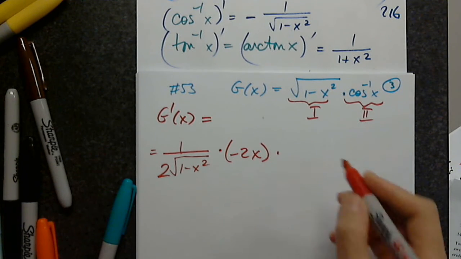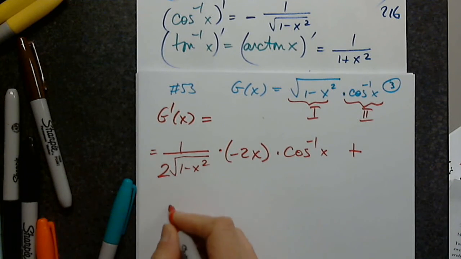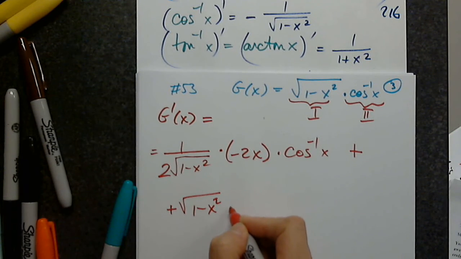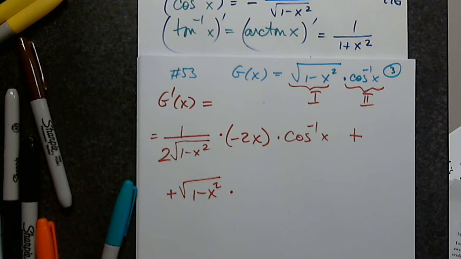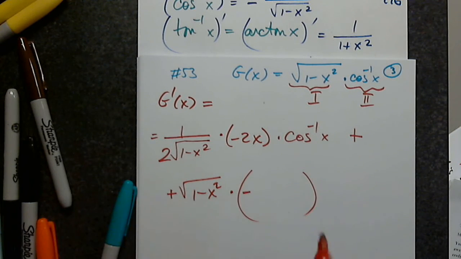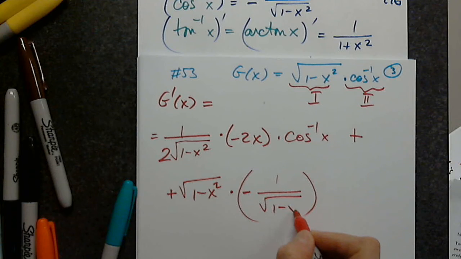Now I copy the second function, plus I copy the first function and multiply by the derivative of cosine inverse, which is negative. Do not forget to put parentheses, because otherwise you may forget about the product. 1 over the square root of 1 minus x squared.